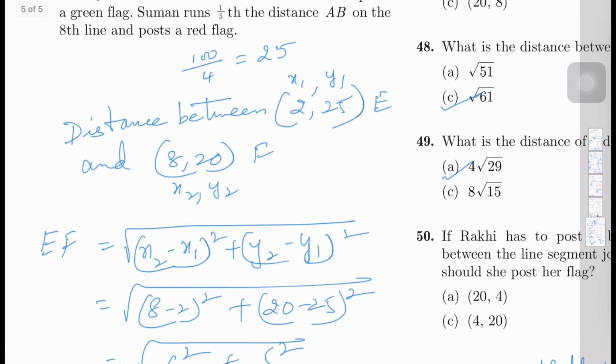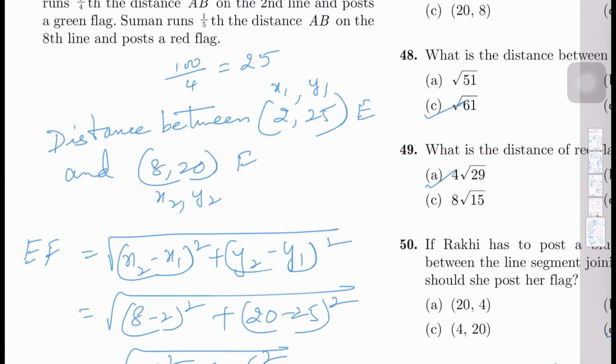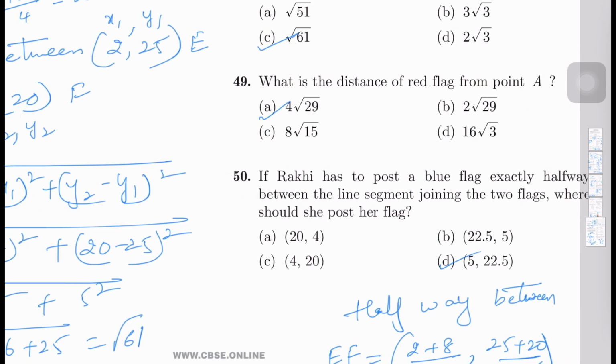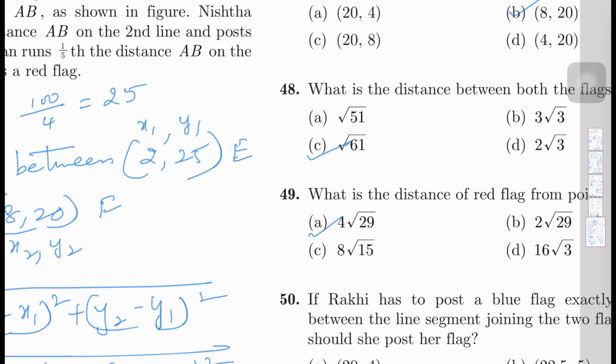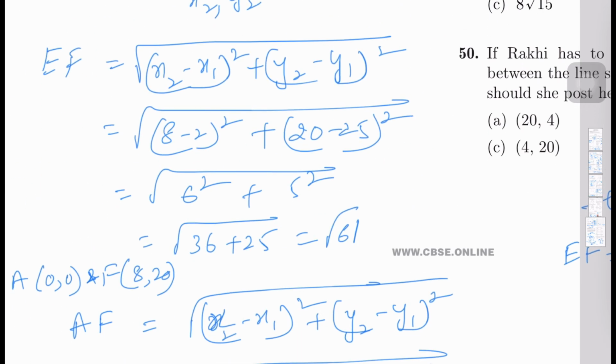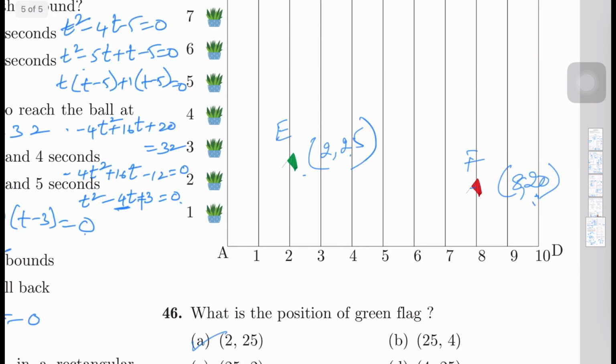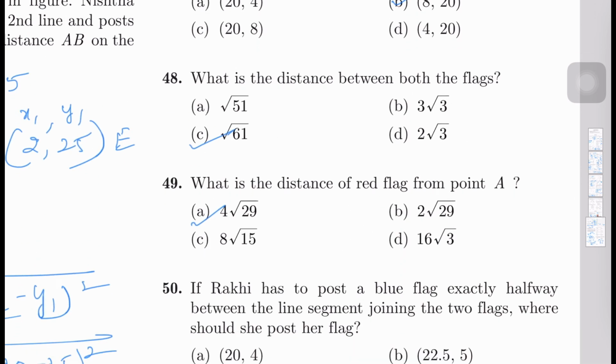Now what is the distance between the two flags? You can see what is the distance between 225 and 820, that is E and F. You find out using the formula x2 minus x1 whole square plus y2 minus y1 whole square under root. You substitute, you will get it as root 61. So if you substitute those values, then what is the distance of red flag from the origin?